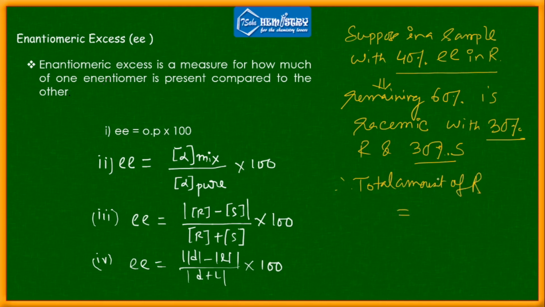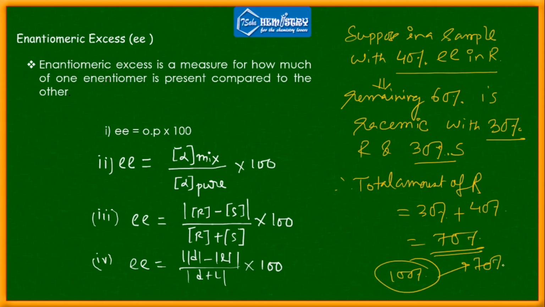It is 30% from the racemic part plus 40% enantiomeric excess, so ultimately 70%. So in a 100% mixture, you have 70% R isomer and only 30% S isomer. This is the concept of enantiomeric excess, right?